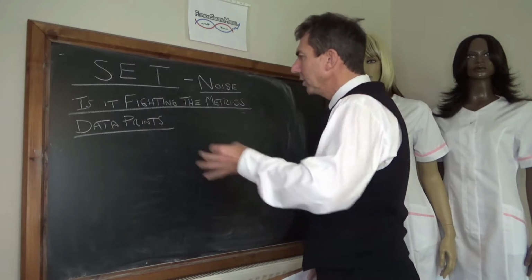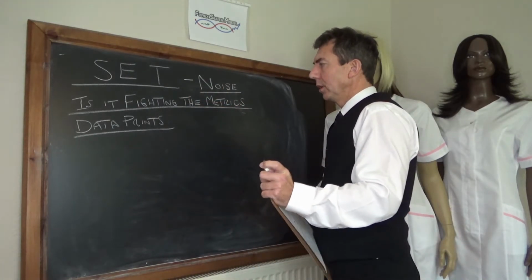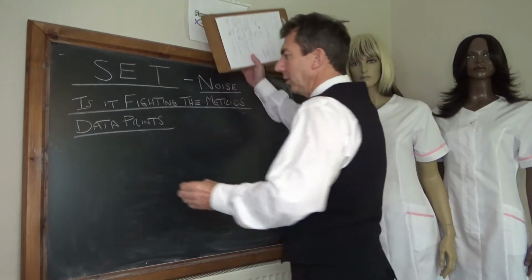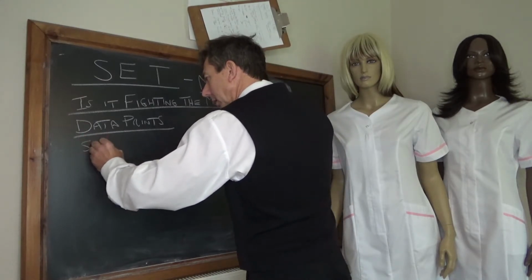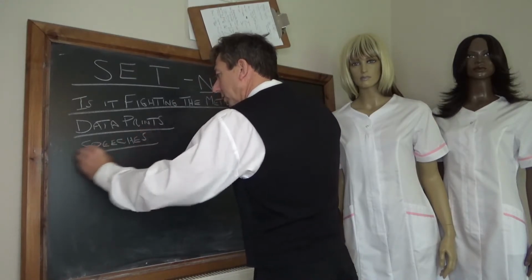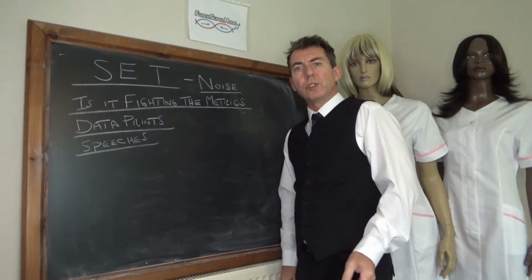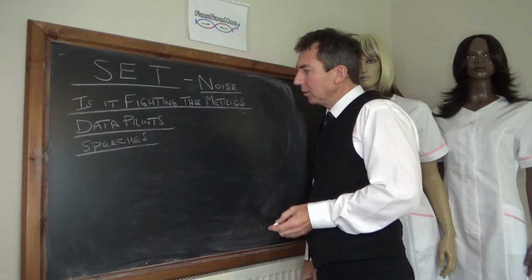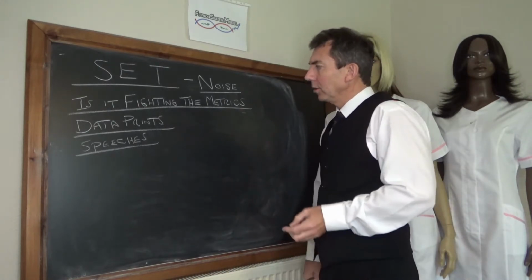So the obvious one in terms of what our metrics are, most people use data prints, and then you've got things like speeches from the central bankers. If they're dovish or hawkish, are they fighting the metrics?